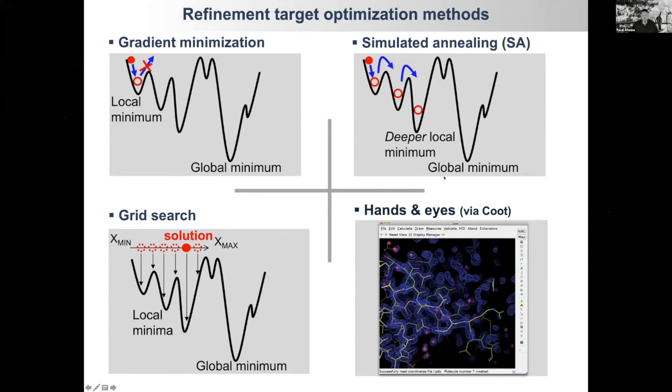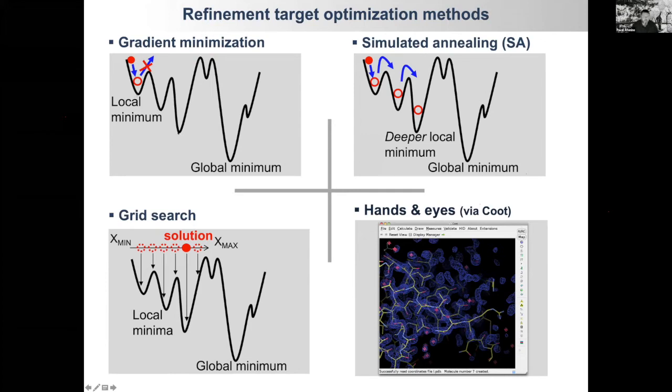And this little picture tells you the major differences between these two methods. When you run refinement, you usually just do minimization. You start out here, and by the nature of minimization, you can only get to the nearest local minimum.